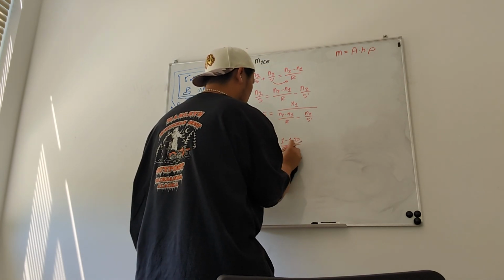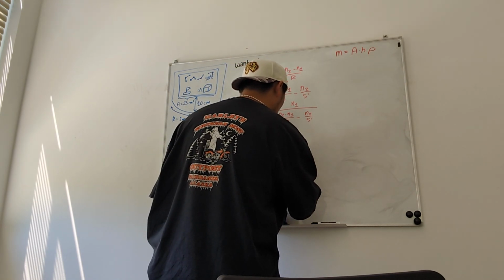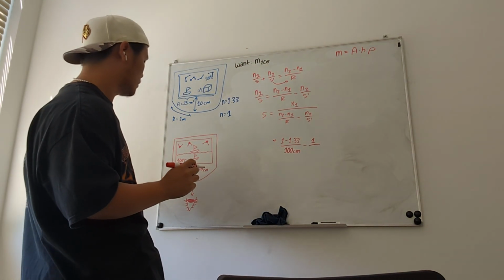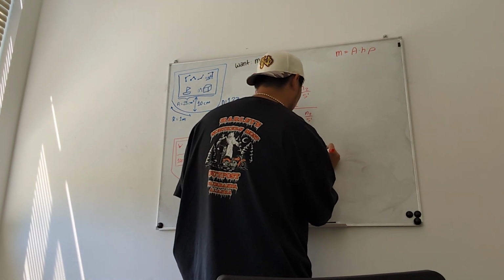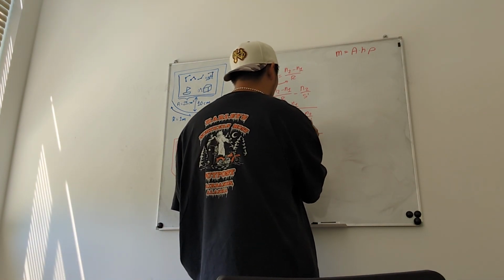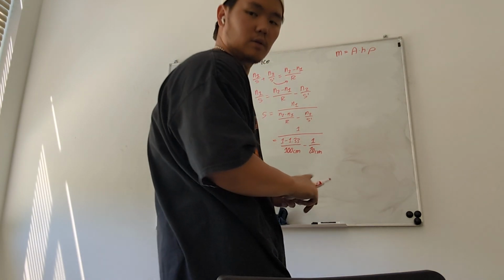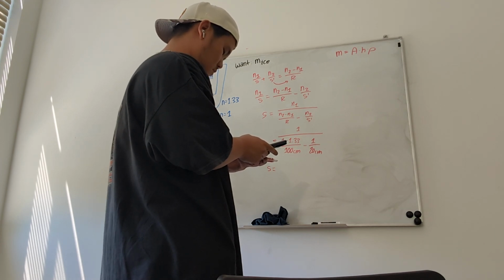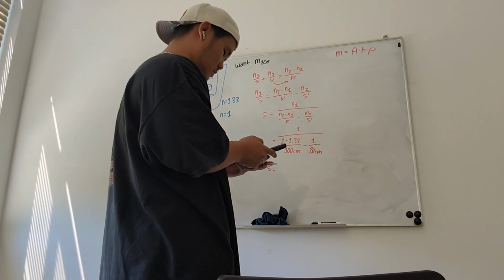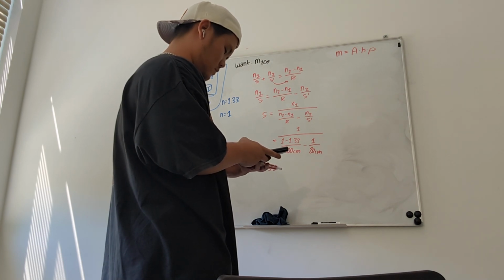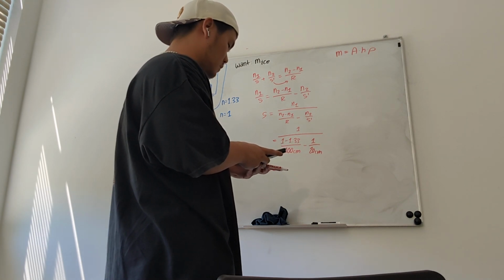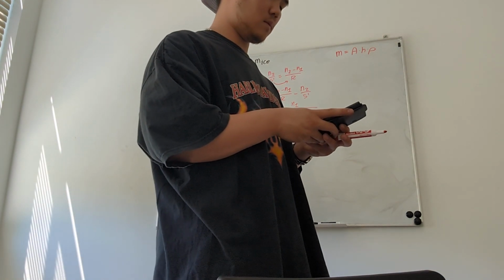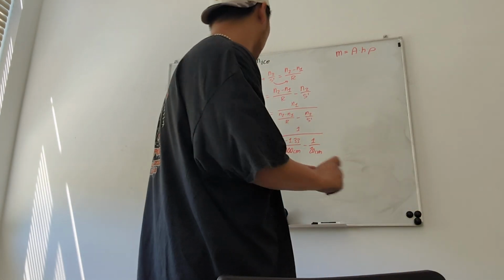But if we're going to work in centimeters, that's the same as 100 centimeters, minus n2, which is 1, over s prime, which we'll see is 20 centimeters, under n1, which is 1.33. S is equal to negative 24.95.